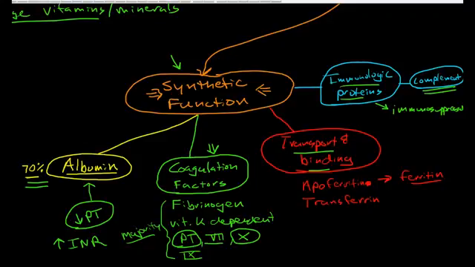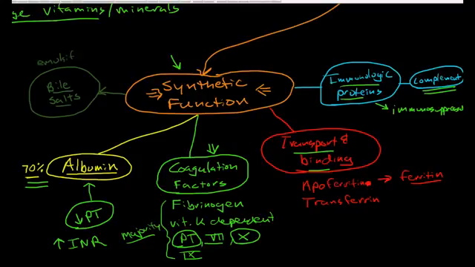Okay, so what else does the liver synthesize? Well, one other factor that it synthesizes is bile salts. The conjugation of bilirubin is separate and is really not part of the synthetic function, but the creation of bile salts is. Bile salts are emulsifiers that are produced in the hepatocytes, and part of the synthesis is assisted by the cholangiocytes.